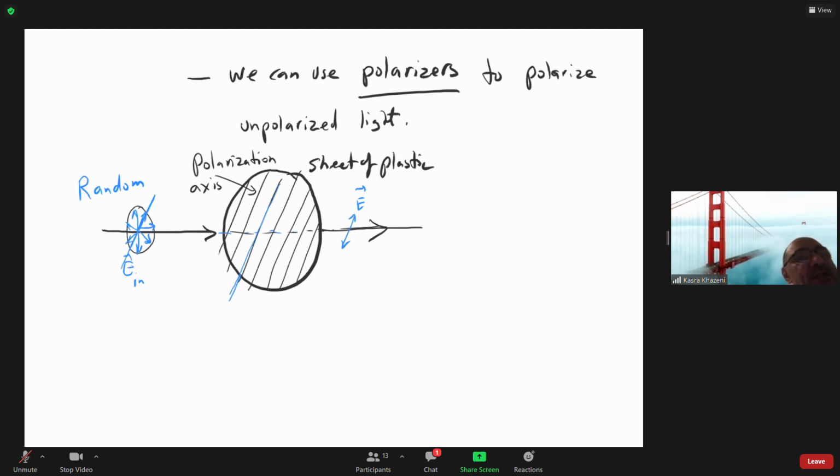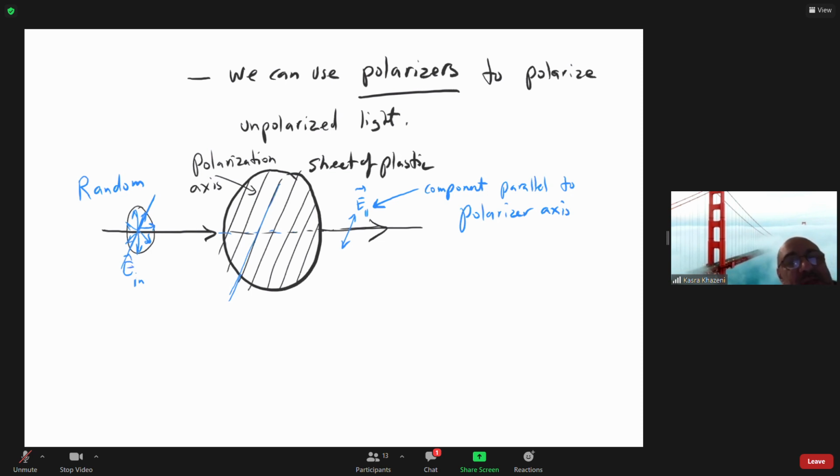Only the component of the electric field parallel to the polarizer axis comes out. All right, so that's how a polarizer works. You can polarize natural light to get polarized light.